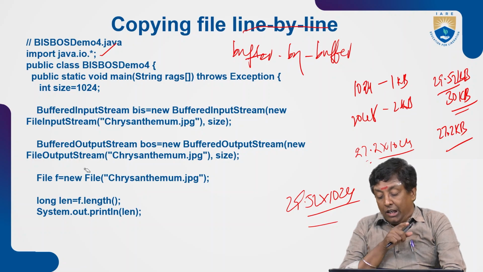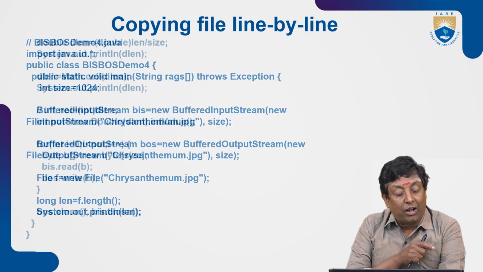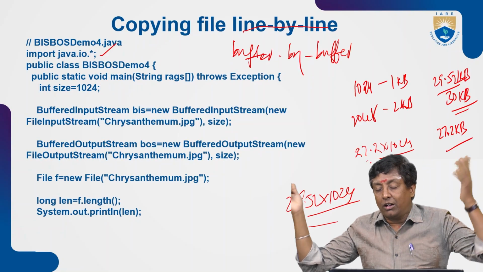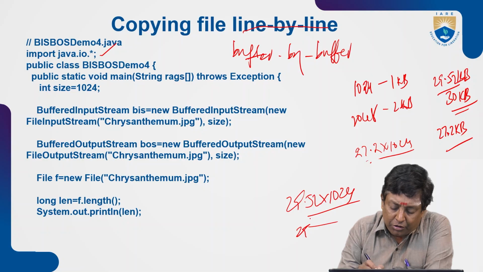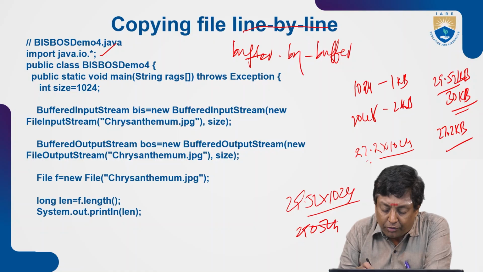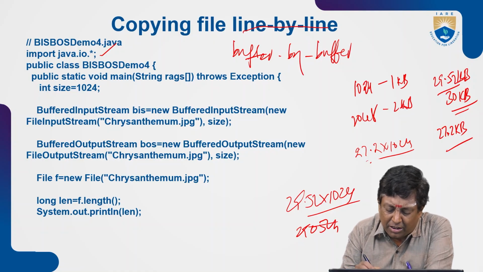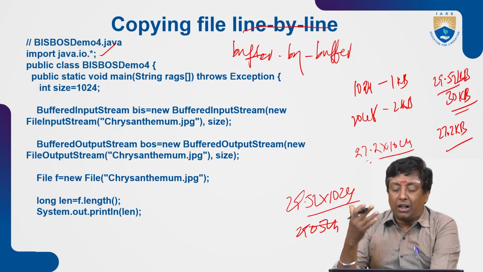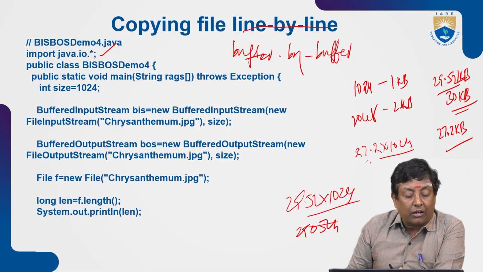After doing that, we got the size, like some 29,000 something, 29.52 into 1024, something like that. Let us assume 35,000 or so; I don't exactly recall. You have to calculate it.